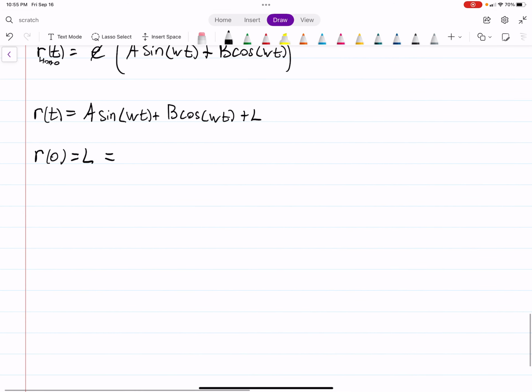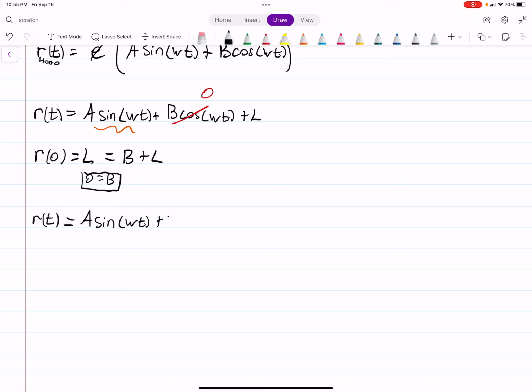And if we plug in 0, well, the sine is just 0, so we'll just have b plus L, since cosine of 0 is 1. So 0 equals b. So this term we actually don't have to worry about. So now we have r of t equals a sine omega t plus L.